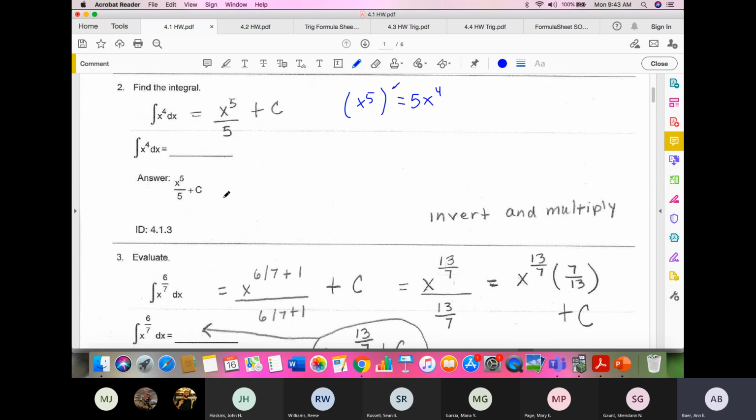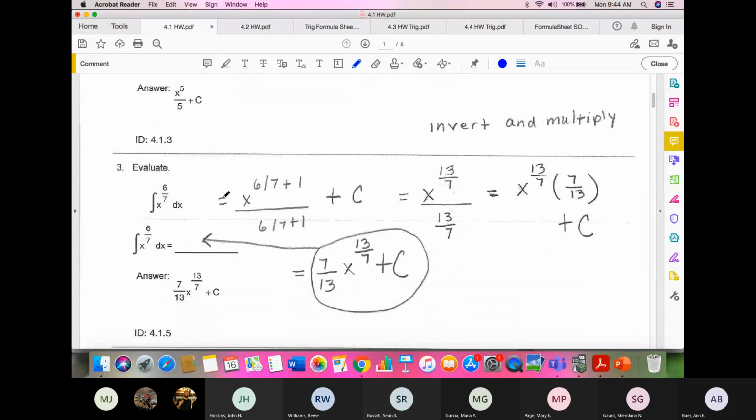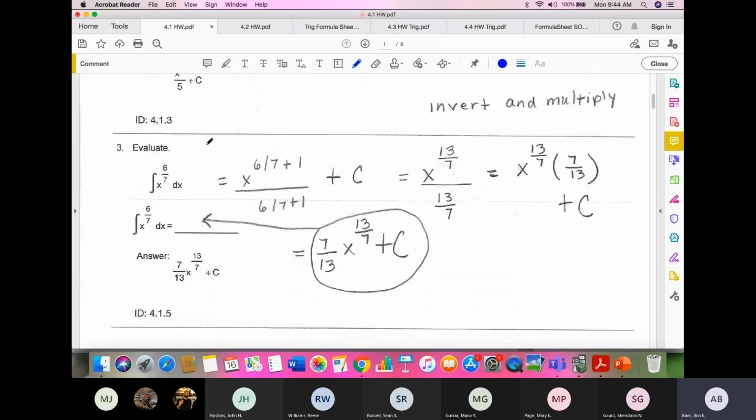That's the answer. Any questions on that? If you want to take some screenshots of those screens in the PowerPoint, you can do that a little bit later.